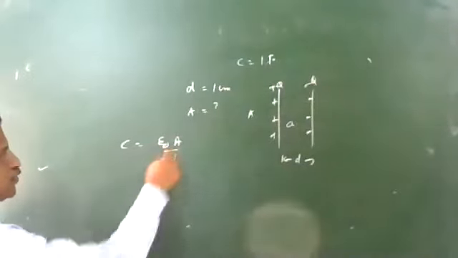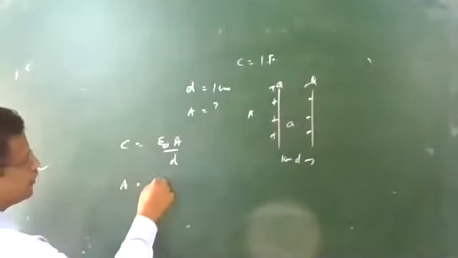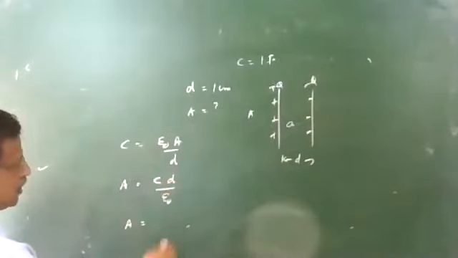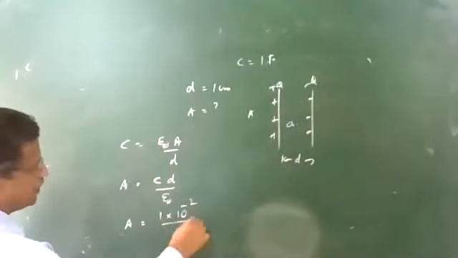With these values you want to calculate the value of A. So A is equal to C D divided by epsilon 0. This is equal to C value is 1, D is 1 centimeter, 10 to the power of minus 2, epsilon 0 is 8.85 times 10 to the power of minus 12.